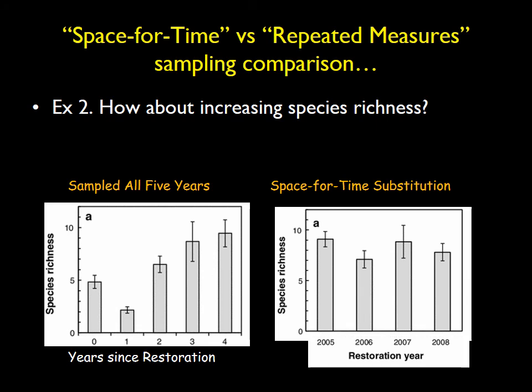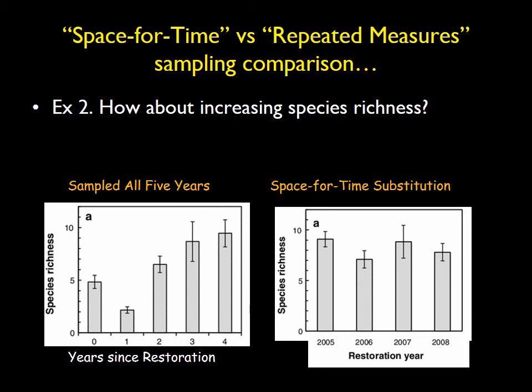All right, well, what about the numbers of species? Okay, so over on the left again, sampled all 5 years. So an initial decrease in the number of species in year 1 since restoration. But then from year 2 on, we see increases where we have actually more species than we had before. All right, but now with our space for time substitution, things are a little more murky.